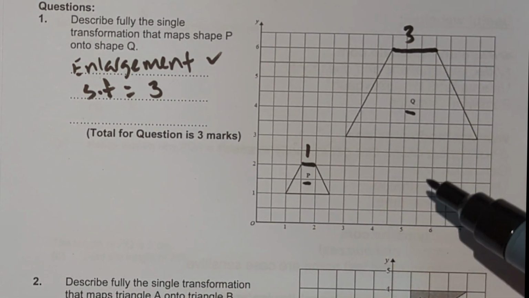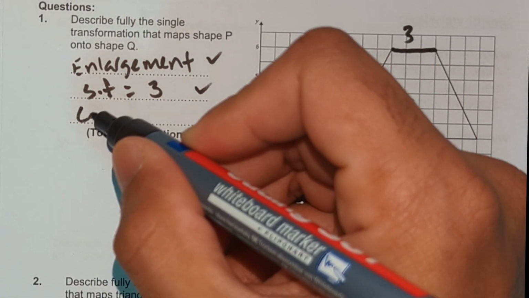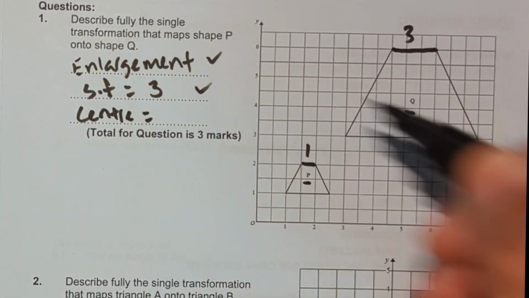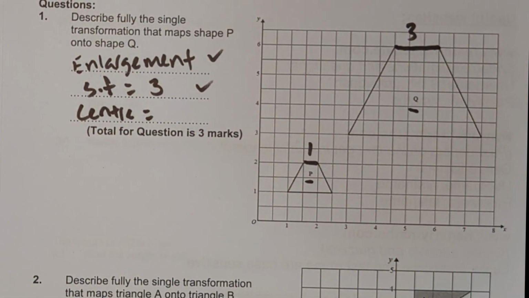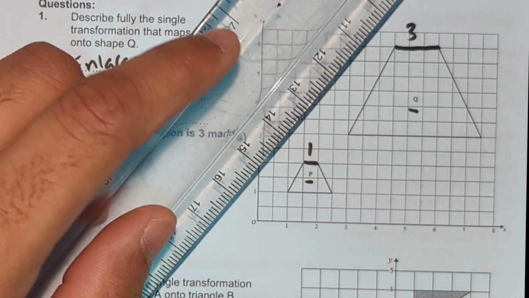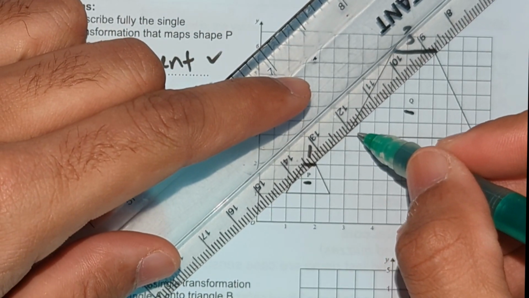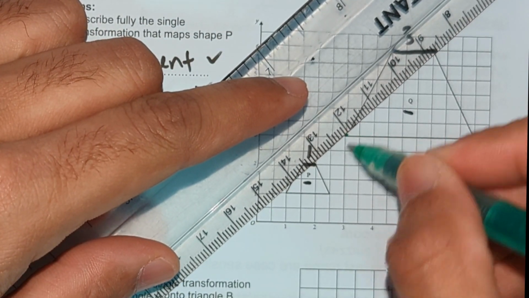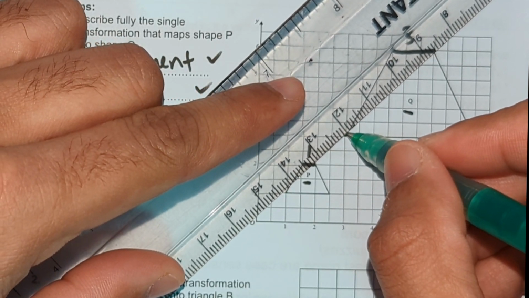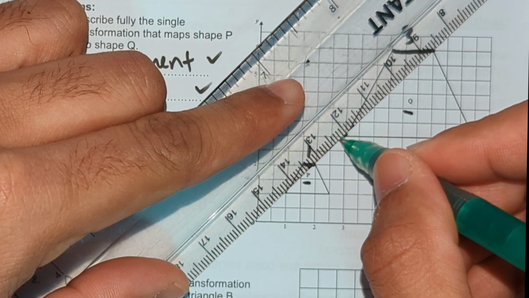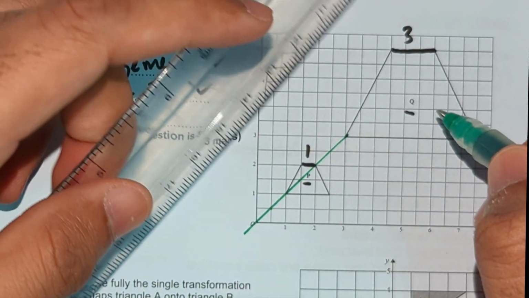So that's your second mark, and for the third mark we need to look for the center. If I use a ruler and draw a straight line through the same points on the image and the object, let's look at these 2 points here. The squares are really small, so it's slightly difficult, but we can get there. It's either going to be the origin or this point here, 0.5, 0.5.